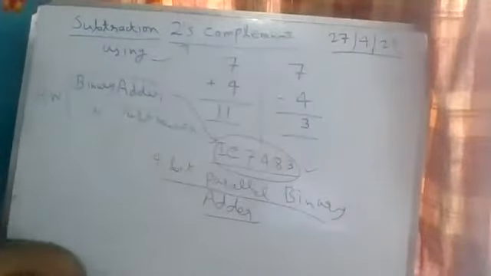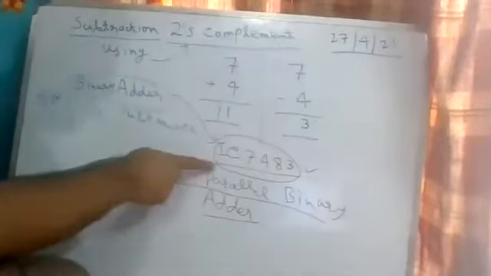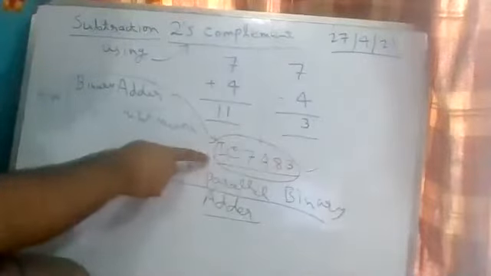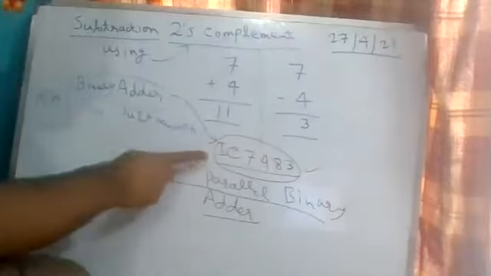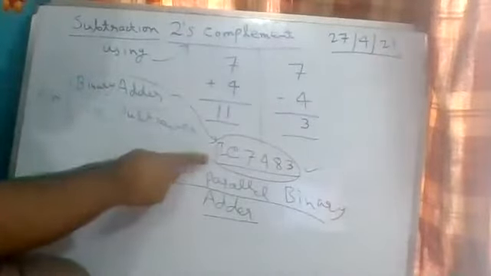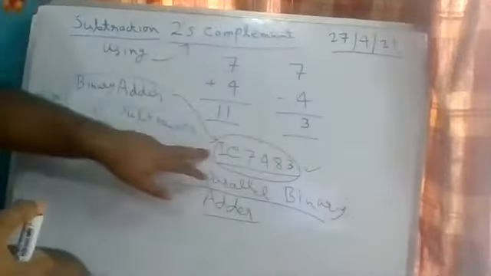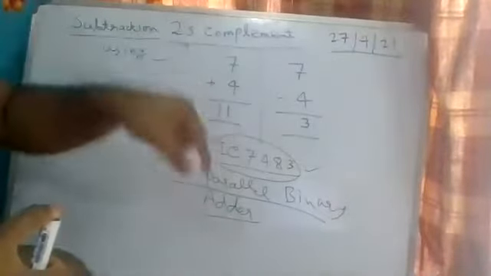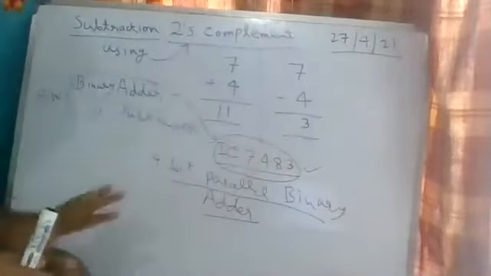Up to this clear? Does anyone have any question? These are very common, and you will definitely use this IC chip in your future labs of computer organization and digital electronics, to build a bigger circuit. These IC chips are available in the market with the internal binary adder circuit implemented.